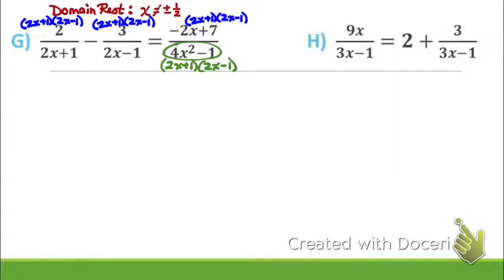All right. First fraction, 2x plus 1's cancel. So I still have a 2 and a 2x minus 1. I'm going to bring down my subtraction and the numerator here because I know that's not going to cancel. The 2x minus 1 cancels though.